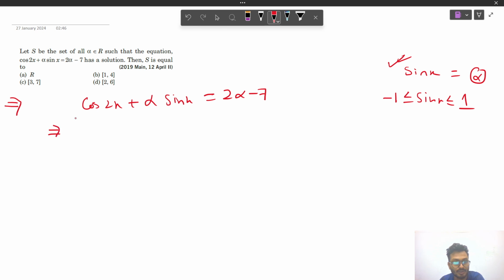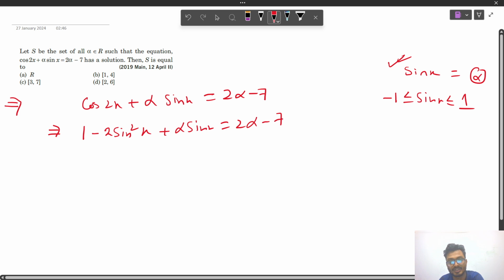We know that cos 2x is 1 minus 2 sin square x, plus alpha sin x equals 2 alpha minus 7.